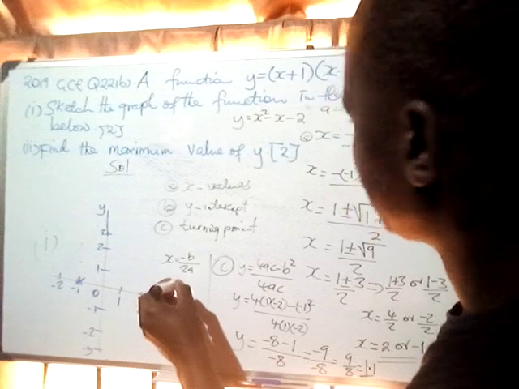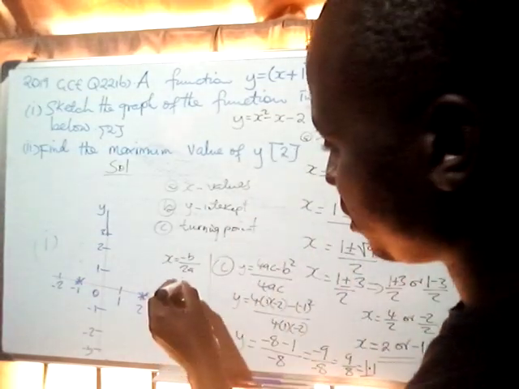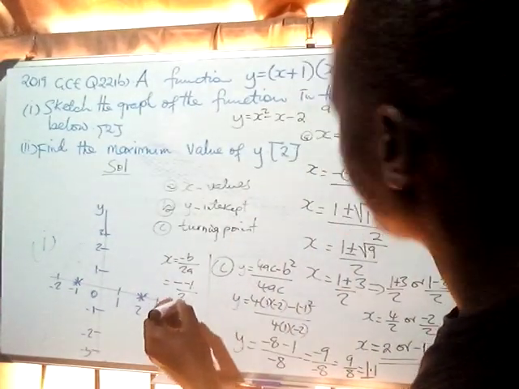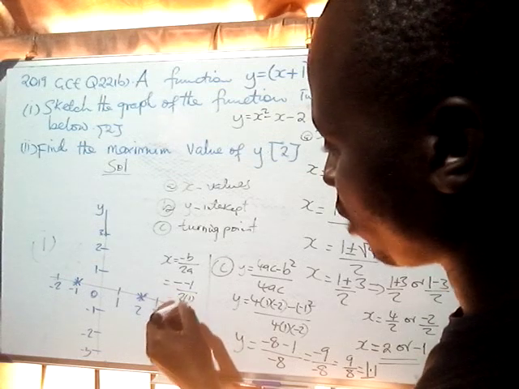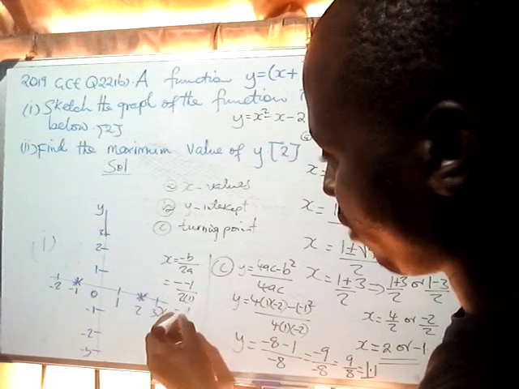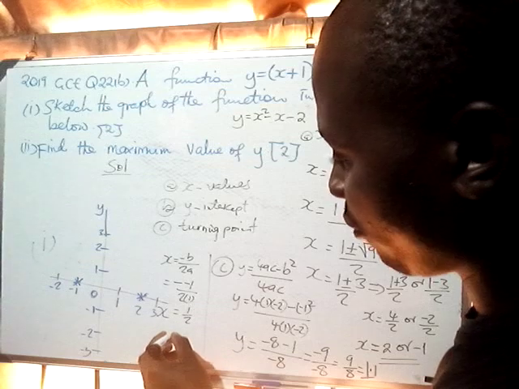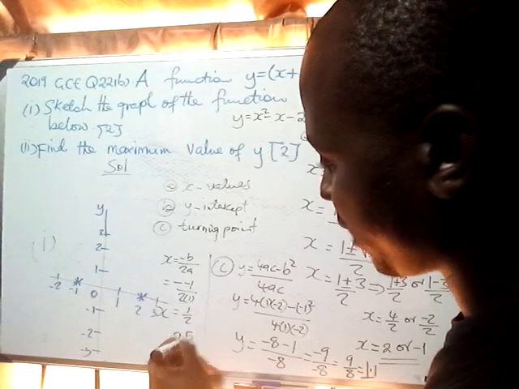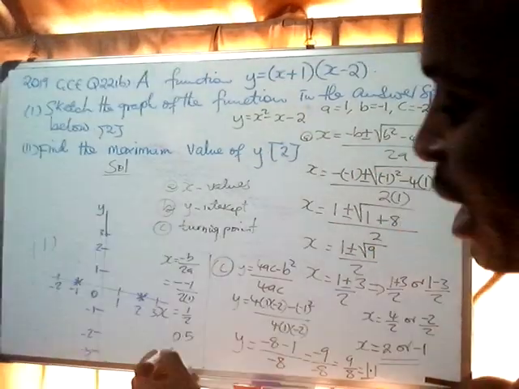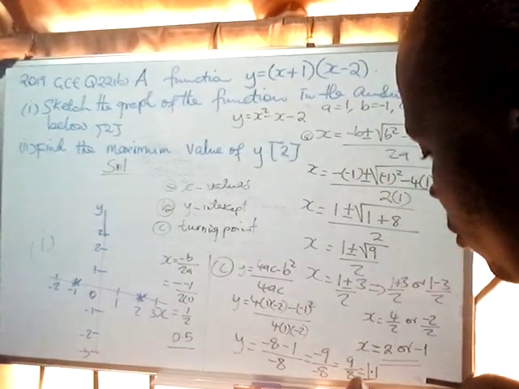What is our b? Our b is -1, over 2 times a, which is 1. So we are going to have 1 over 2, and 1 over 2 is the same as saying 0.5.